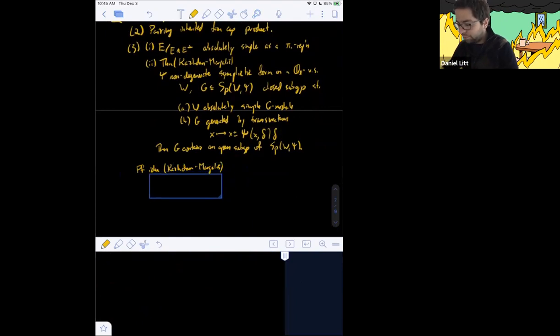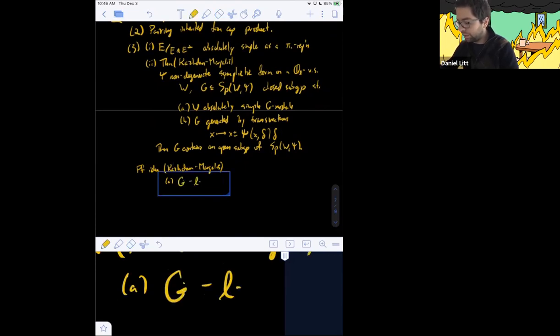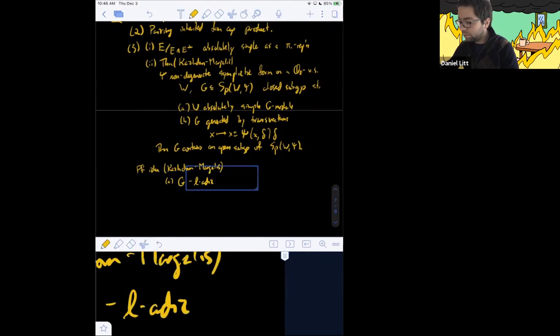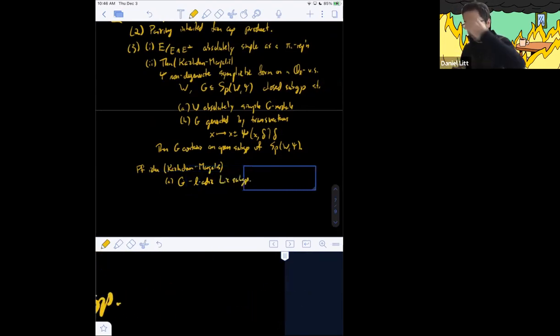So first of all, step 0 is that G is an l-adic Lie subgroup. This is an analog of the theorem over the real numbers, that if you have a closed subgroup of a Lie group, it's a Lie subgroup. And this is also true l-adically. It's actually much easier l-adically.